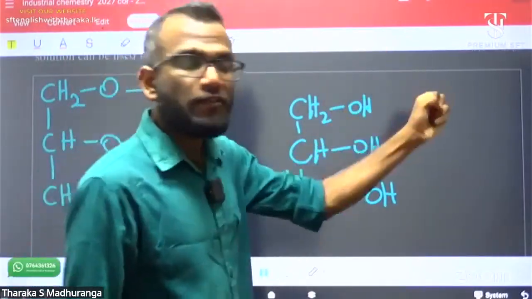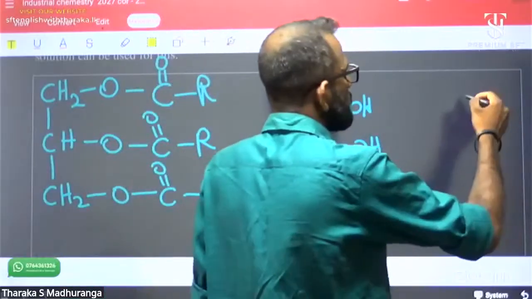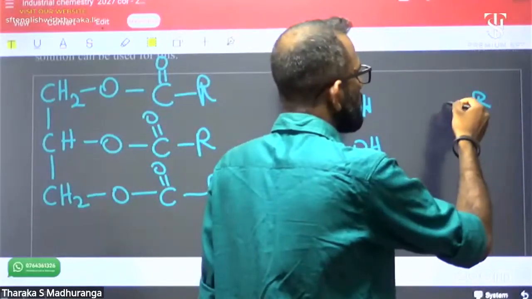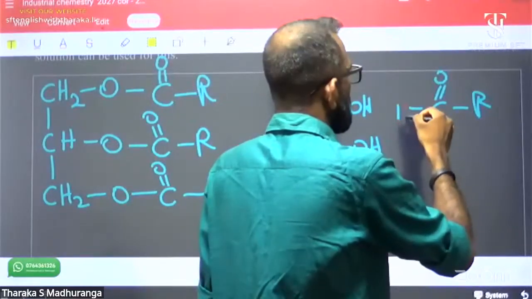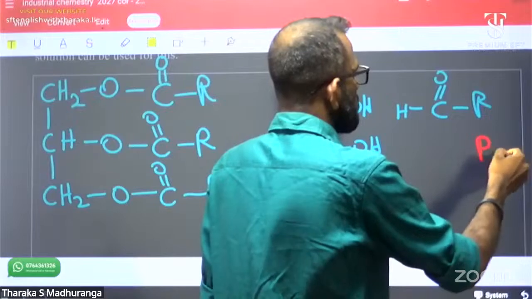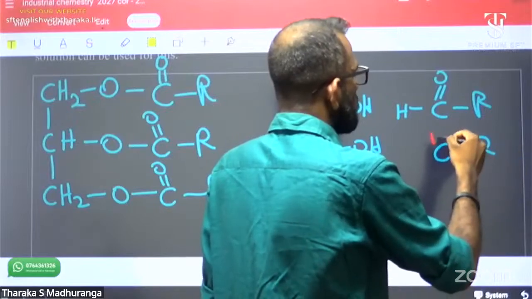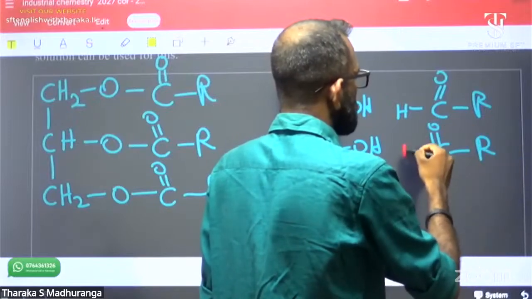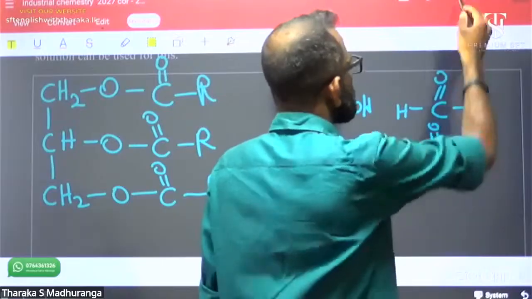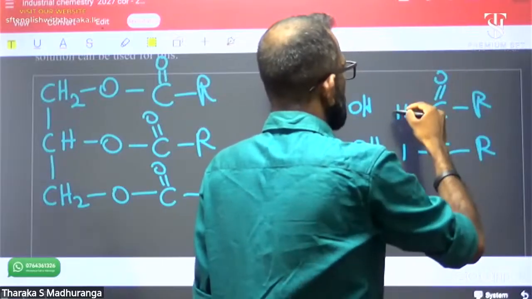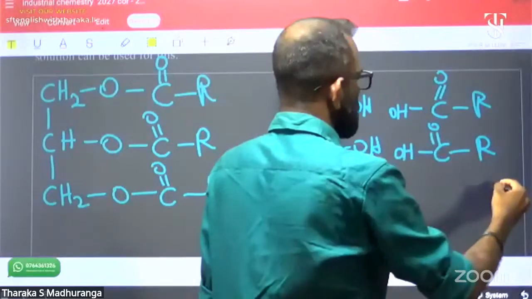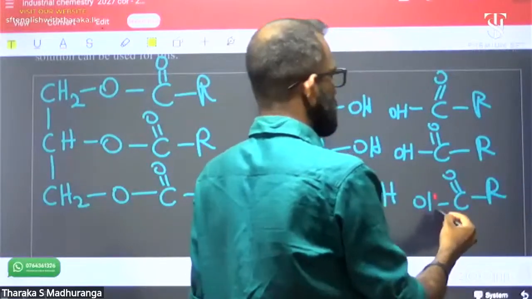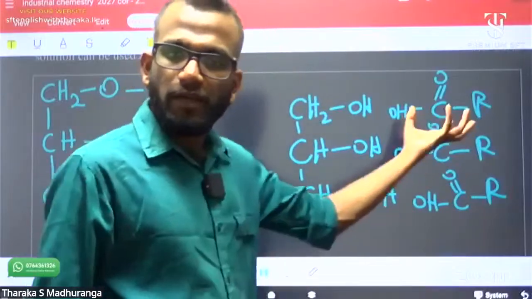Glycerol connects with 3 fatty acids. What is the fatty acid structure? RCOOH, RCOOH, RCOOH.